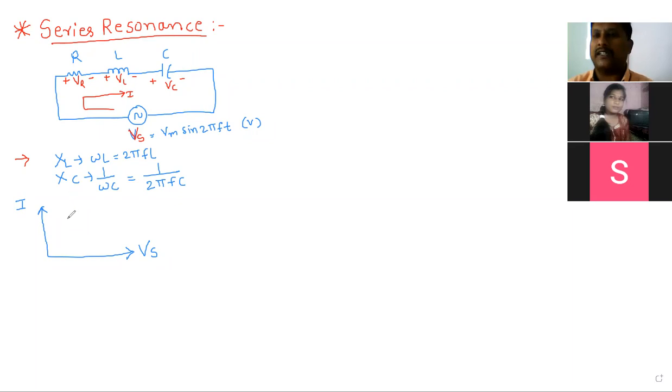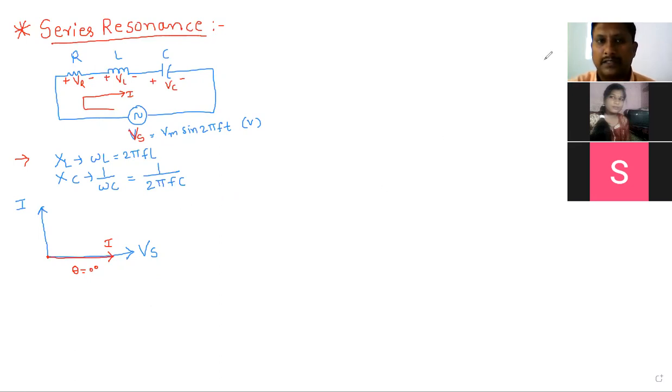When it lags behind, we can say that XL is greater than XC. But when the current I becomes in phase with applied voltage, at that time we can say that resonance has occurred. So when resonance occurs, the current I becomes in phase with the applied voltage, meaning theta becomes 0 degree.